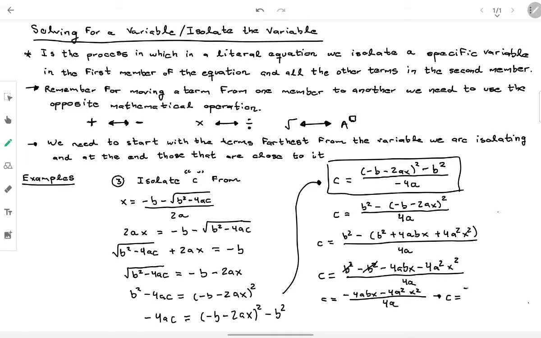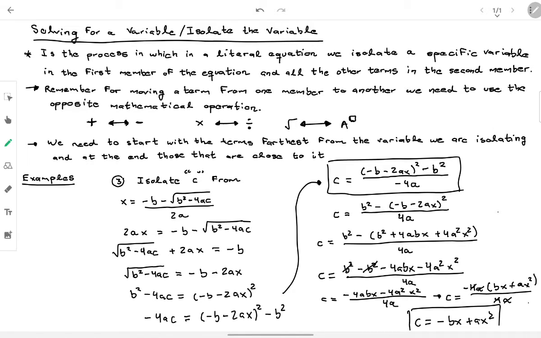C equals, we can take out a minus 4A, and it's going to be BX minus AX squared over 4A. This 4 with this 4, this A with this A, and we will get as an answer C equals minus BX plus AX squared. And this can be our final answer for this specific exercise.